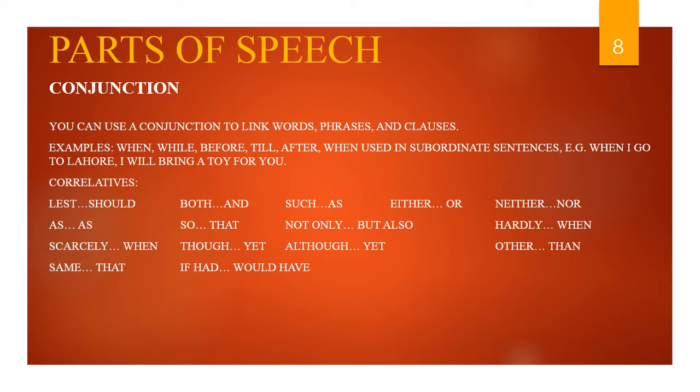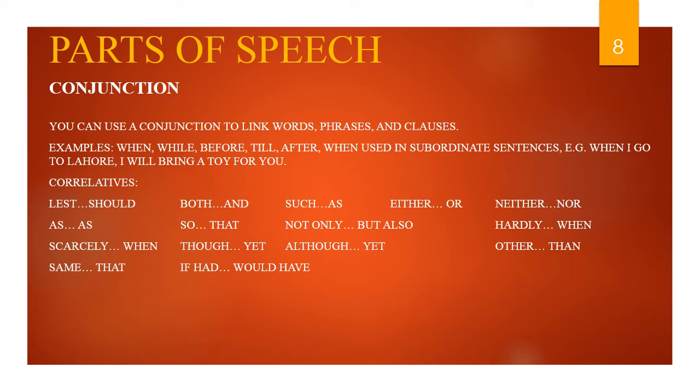So here are given a few correlatives which can help you to make sentences and use these correlatives as conjunctions. Lest will be used with should, and both will be used with and.